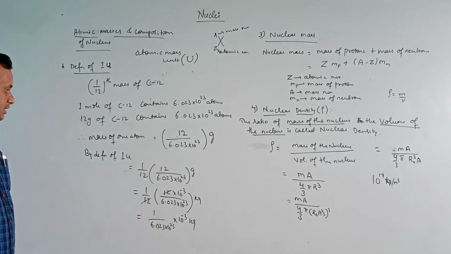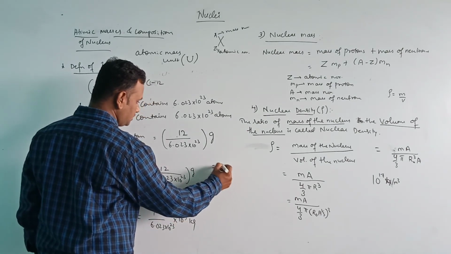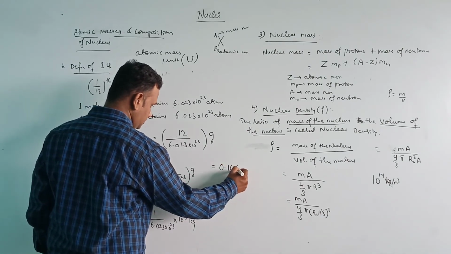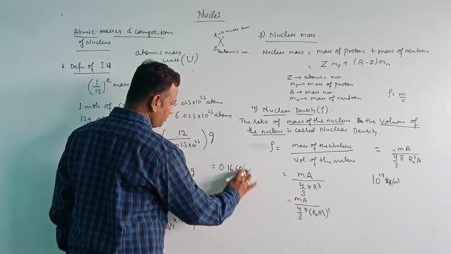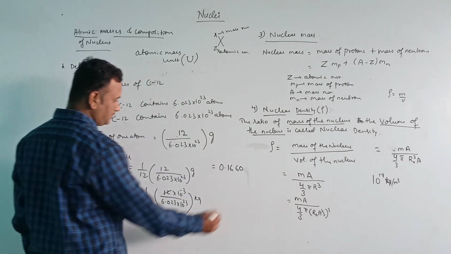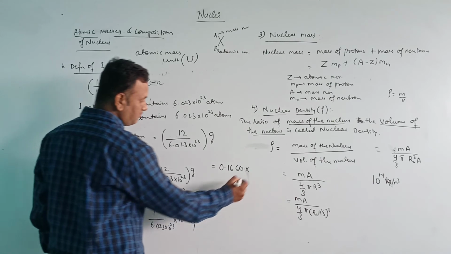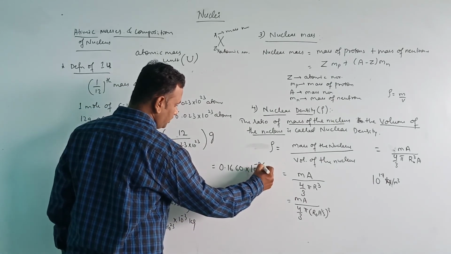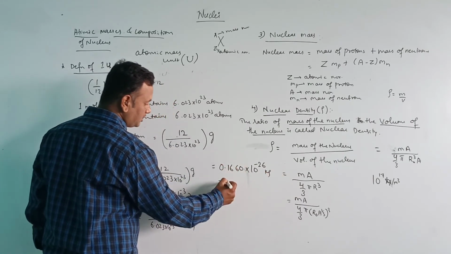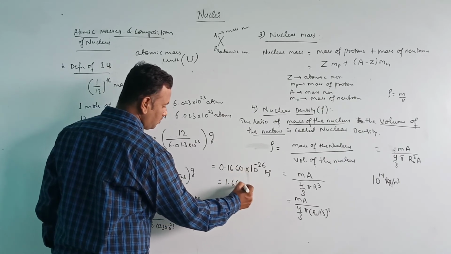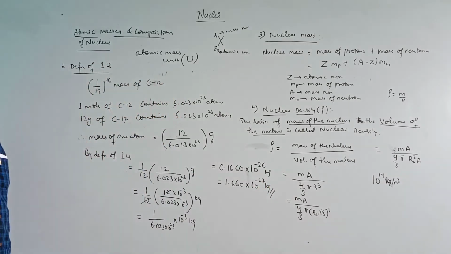Dividing, 1 divided by 6.023 is 0.1660, so we get 0.1660 into 10 to the power of -26 kg, which is 1.660 into 10 to the power of -27 kg.